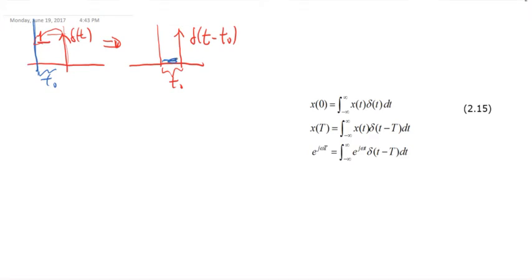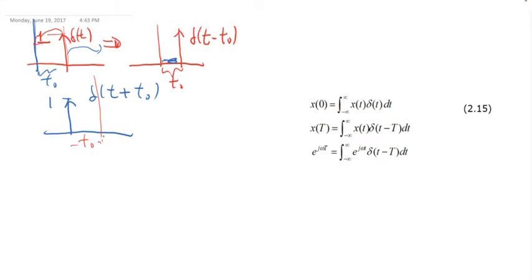This is very important because we rely on shifting the axis. Suppose we have delta t plus t naught, this time we shift the axis the other way, and we have 1 at minus t naught.